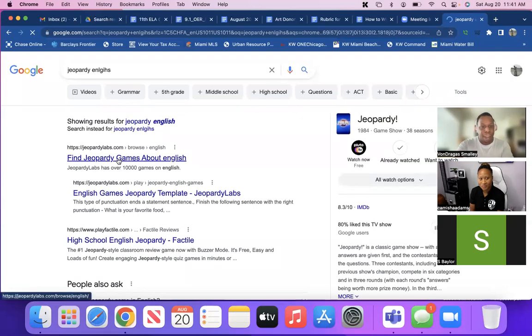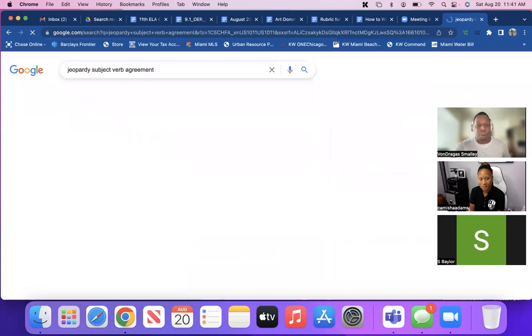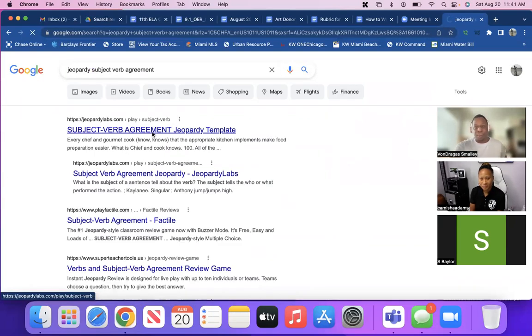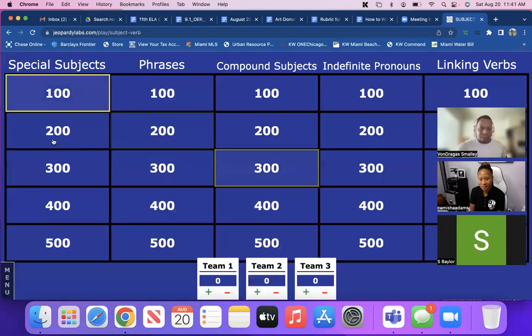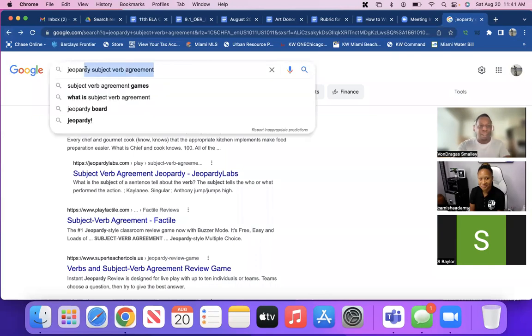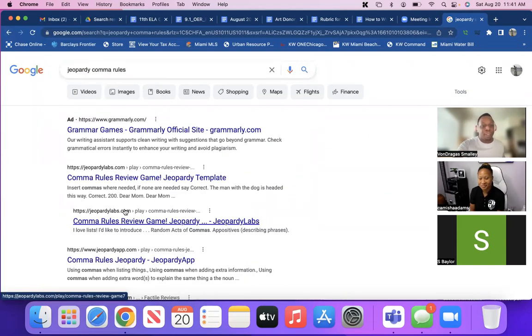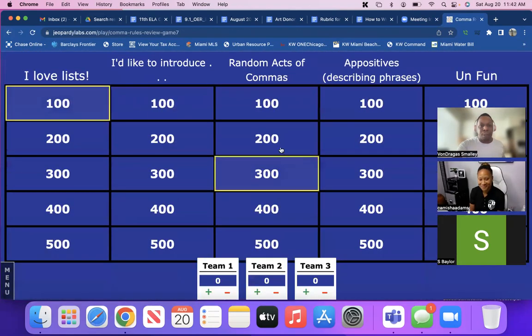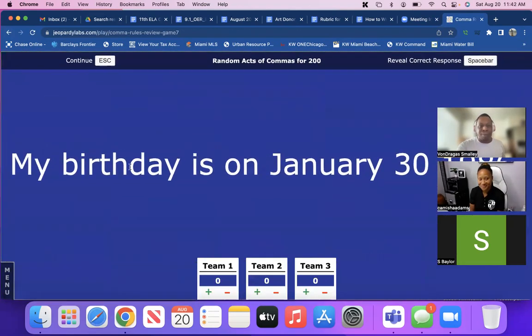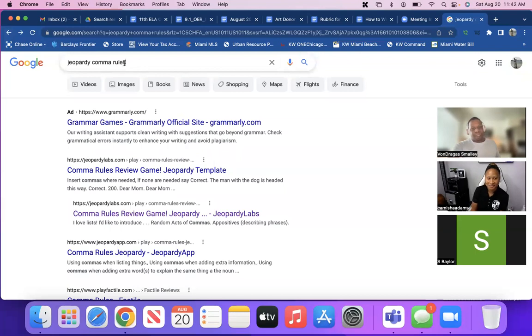If we're going to have a fun game, I might say Jeopardy subject verb agreement, and we might spend a day playing it. Or Jeopardy common rules. So I might find different little fun games that relate to it. That's all it is.